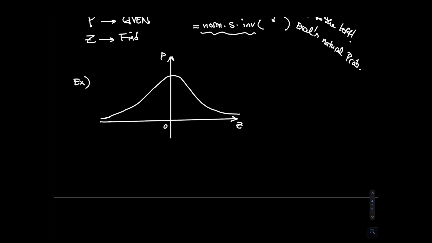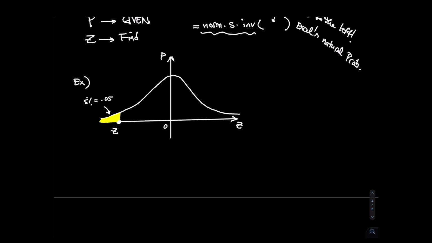And let's say I told you that I have the bottom 5% of the normal distribution given. So this yellow area here is 5%, which is 0.05, because remember we deal with decimals in this class. And I want you to basically give me the z-score that will give you that 5% separation from the top. So I can just give you this picture, this diagram, and you'd know exactly what I'm asking you.